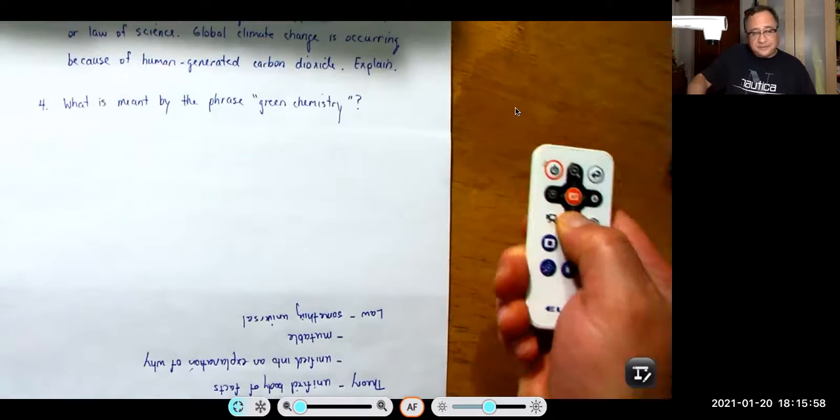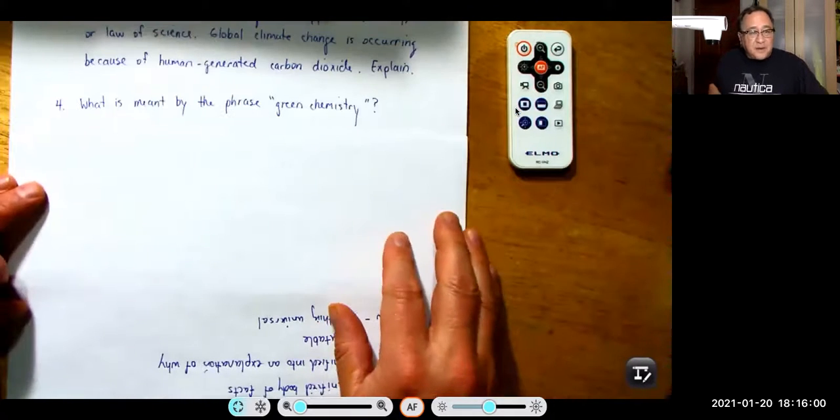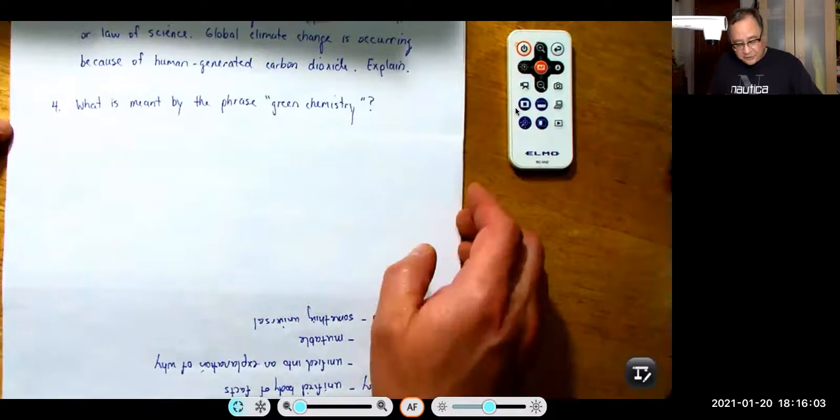Okay, so what is meant by the phrase green chemistry?